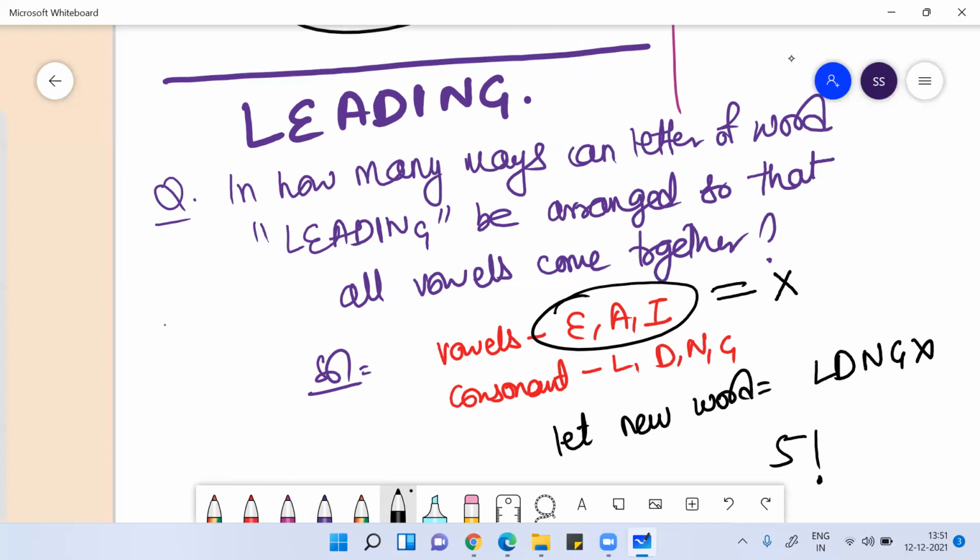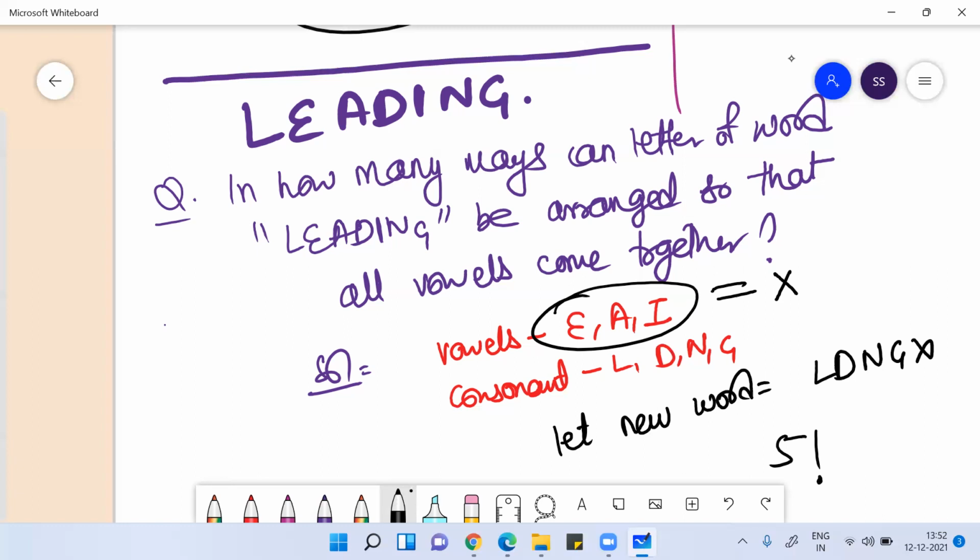5 factorial, right? Now this X is not X, if you can visualize this. L, D, N, G and X are moving together. X is actually made of three letters, E, A, I, moving together.